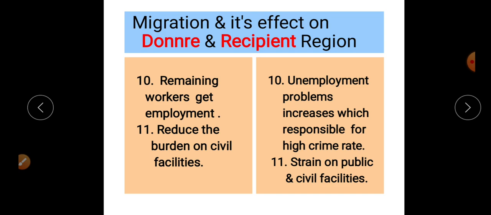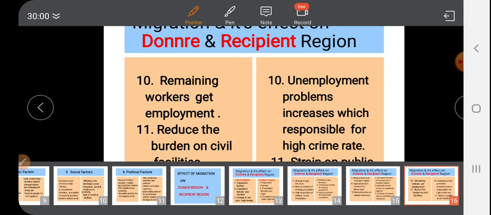And in the recipient region, it puts a strain on public and civil facilities. We can observe problems related with traffic, transportation, water availability, educational facilities, and all sectors. There is a strain or burden on public facilities in a recipient region.